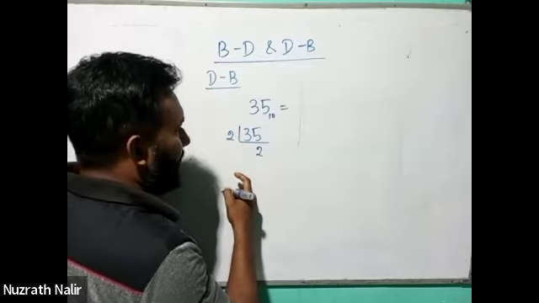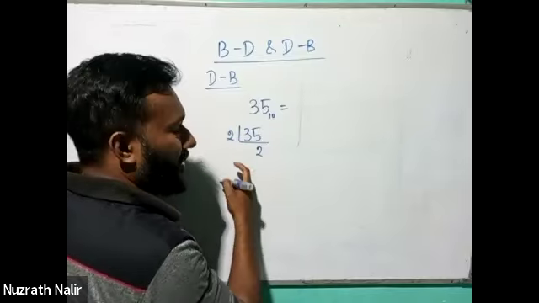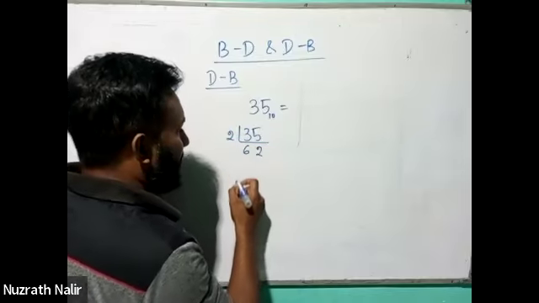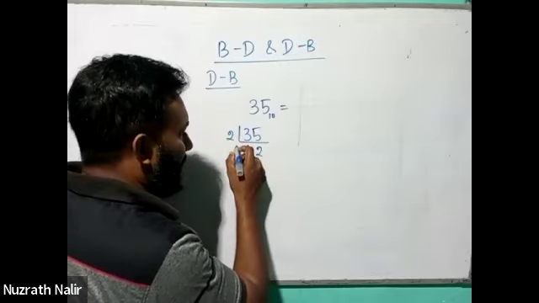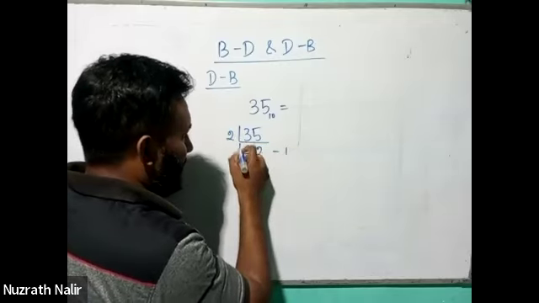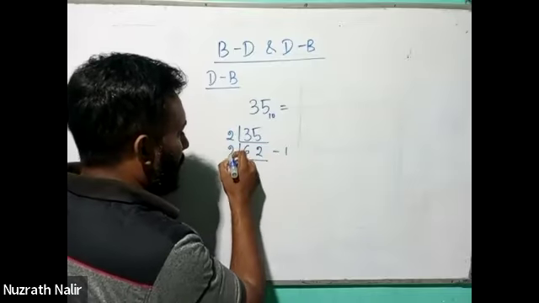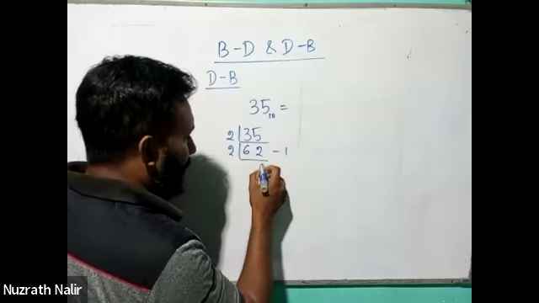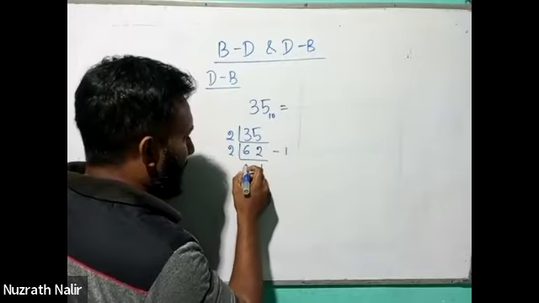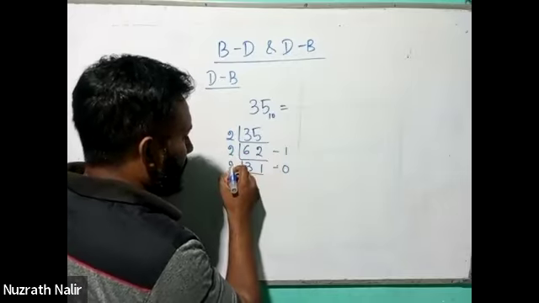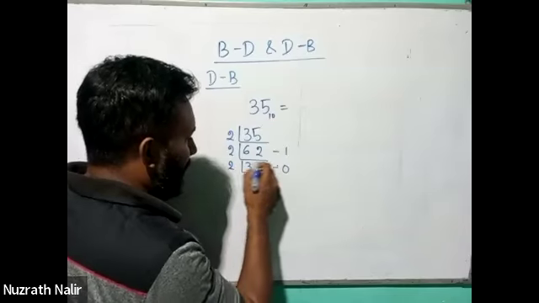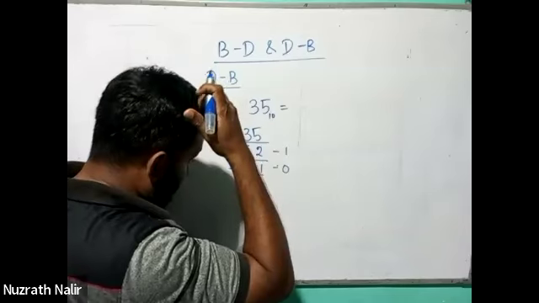Then 13, how many 2s are there in 13? 6. 6 times 2 is equal to 12. Then remaining 1. Then 2, 1, and here 3. No balance.